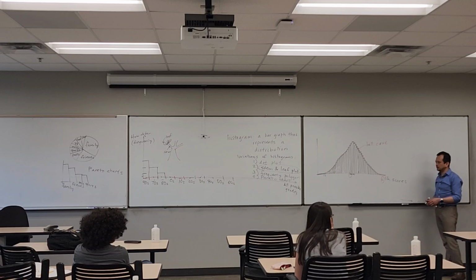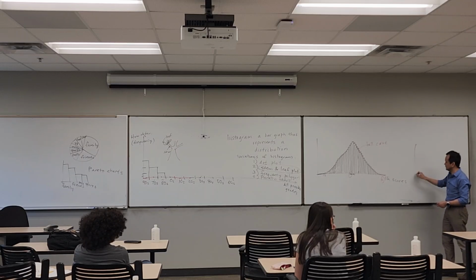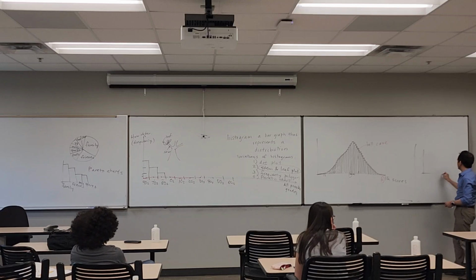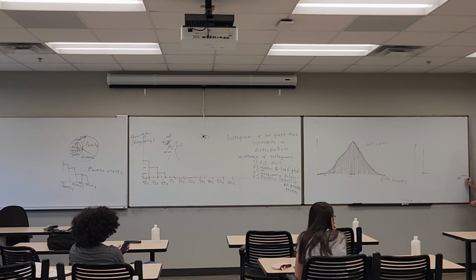So it turns out that if I gave you a test that was really easy, it was so easy that almost the whole class got 100 on it. Like, I asked you what your name is, for example. So, if it's so easy that at these high scores, at the 90s and 100s, you're going to get a lot of representation there.